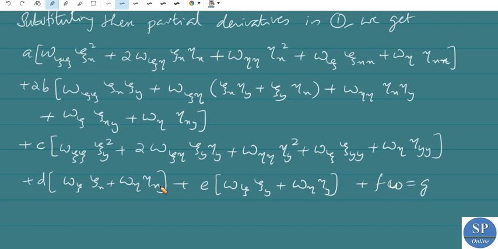From this, taking w zeta zeta outside, w zeta zeta into a into zeta x square plus 2b into zeta x zeta y.